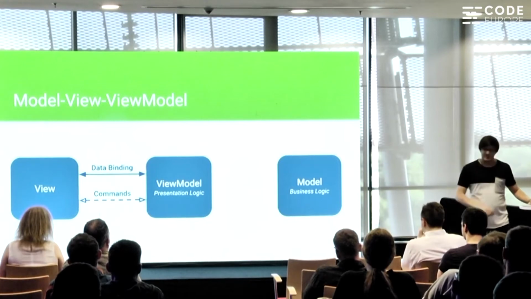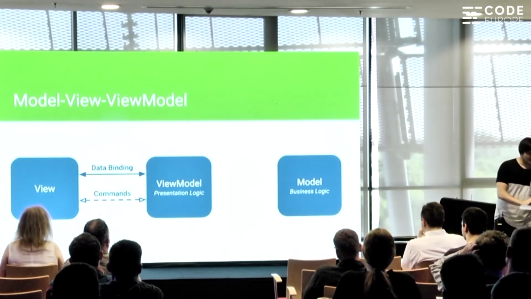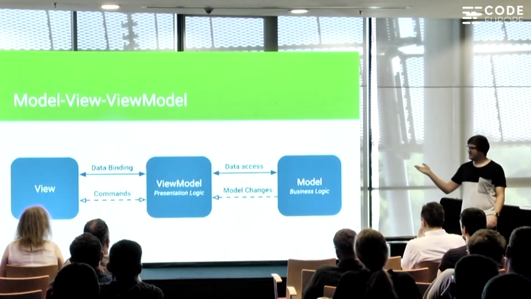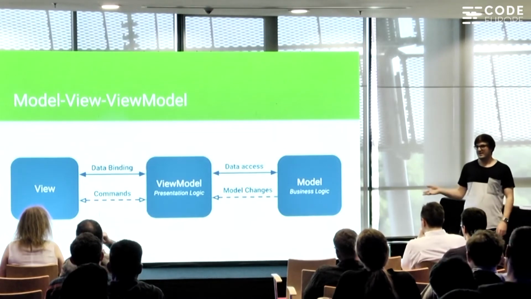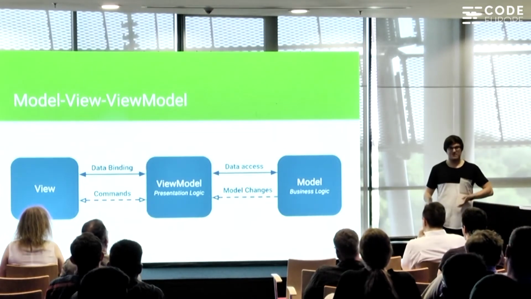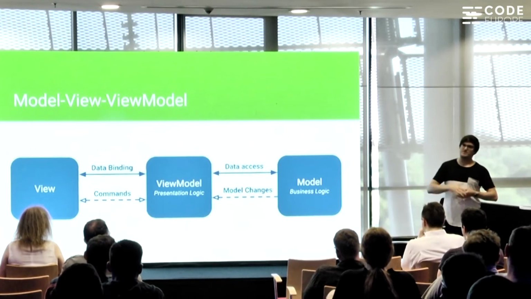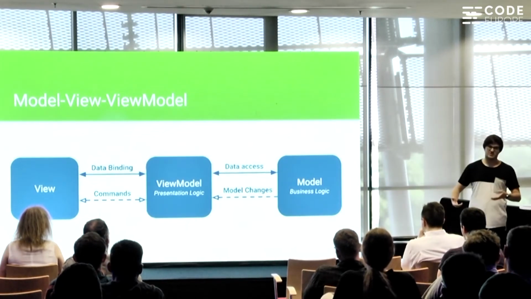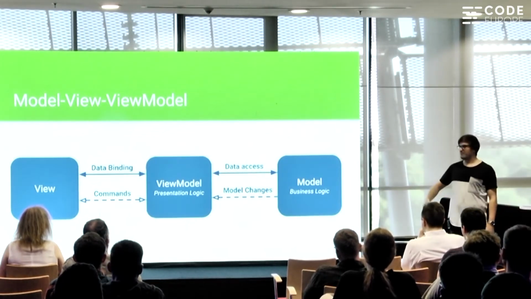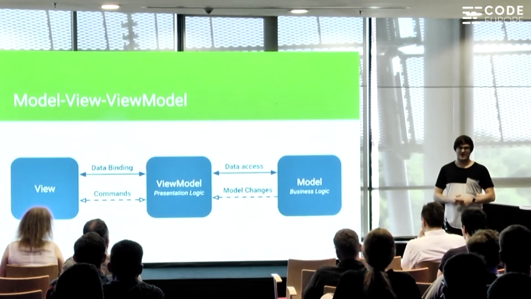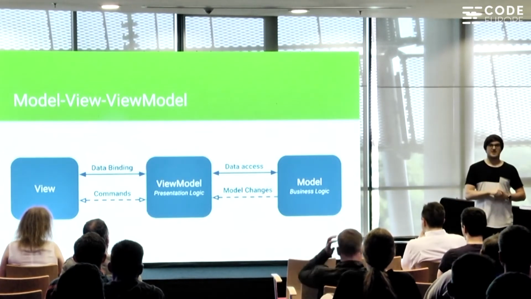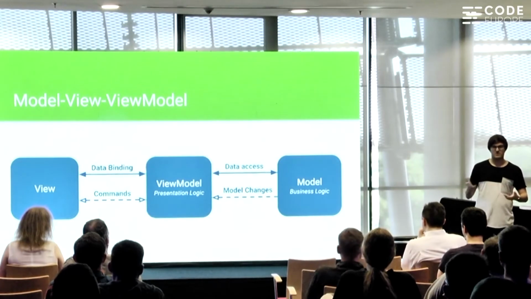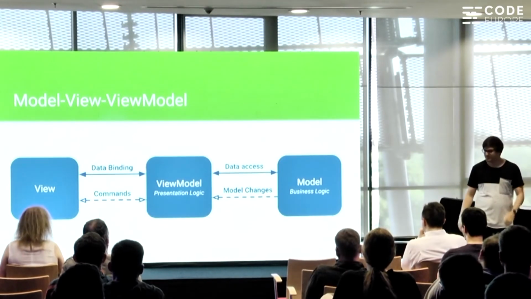So now on to how view model and model interact. Basically, the view model uses the model layer for data access. For example, it can fetch some data or update some data in the database or change something. Ideally, the model layer should also notify the view model of any data changes, but this can depend on your concrete implementation.